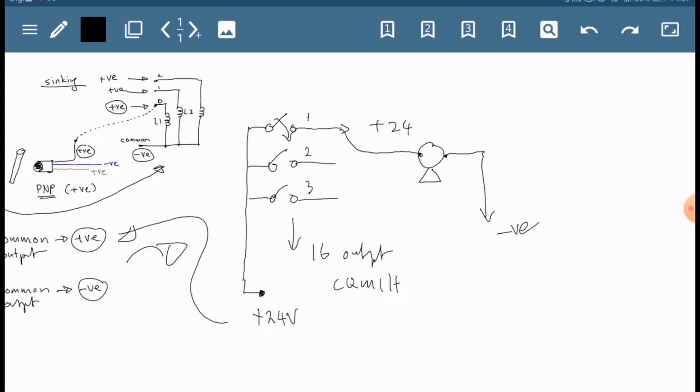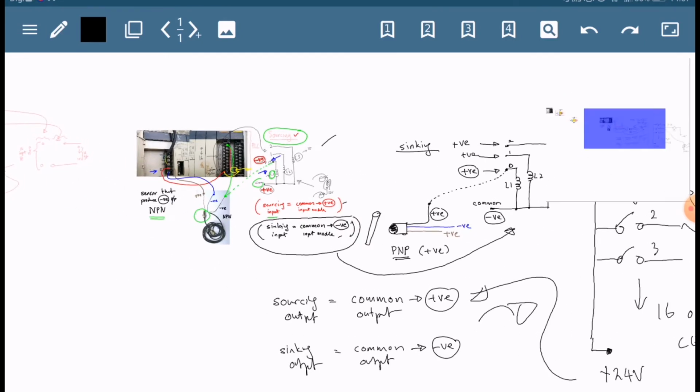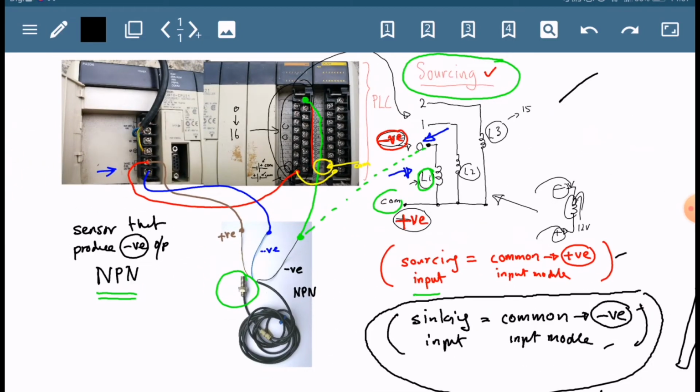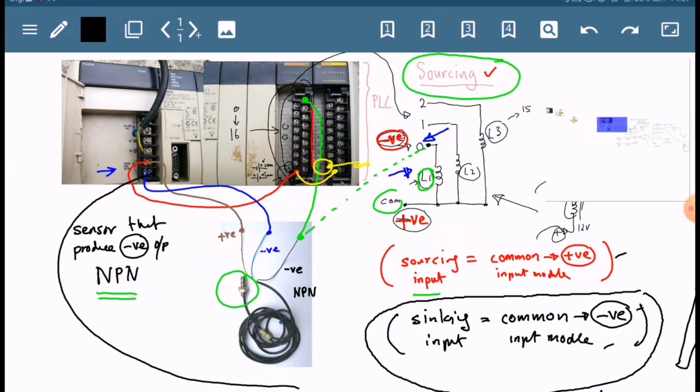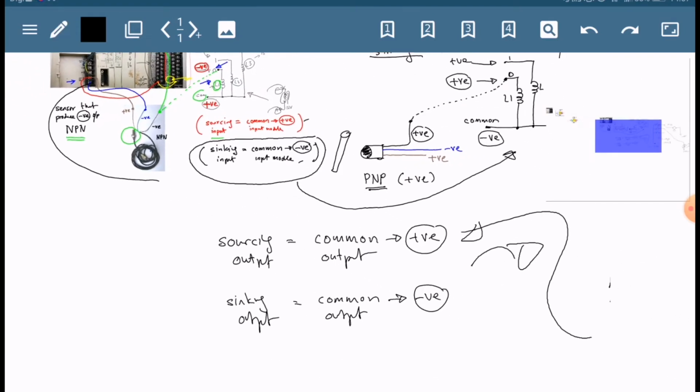If you have a light or any other things, the negative is connected directly to your power supply. Where is your power supply? Here, this power supply. The negative of this we go all the way, where is it? Wow, so far.